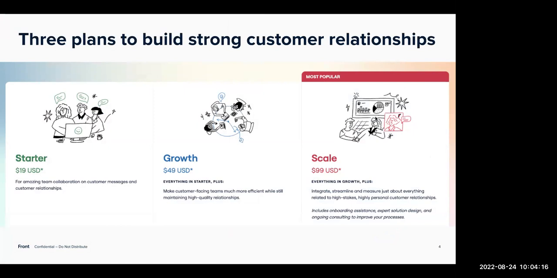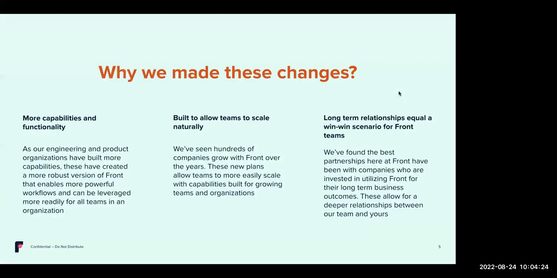Now we have 3 new versions. These are called Starter, Growth, and Scale. Part of why we created these new plans is because we have built more capabilities and functionality for all of you. Basically, as our engineering and our product teams have grown, we've been able to build out more robust versions of Front in these 3 different plans.